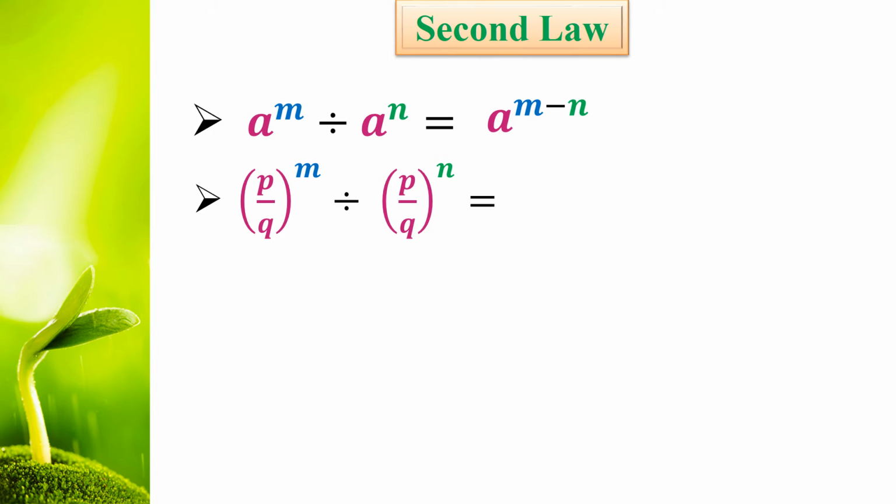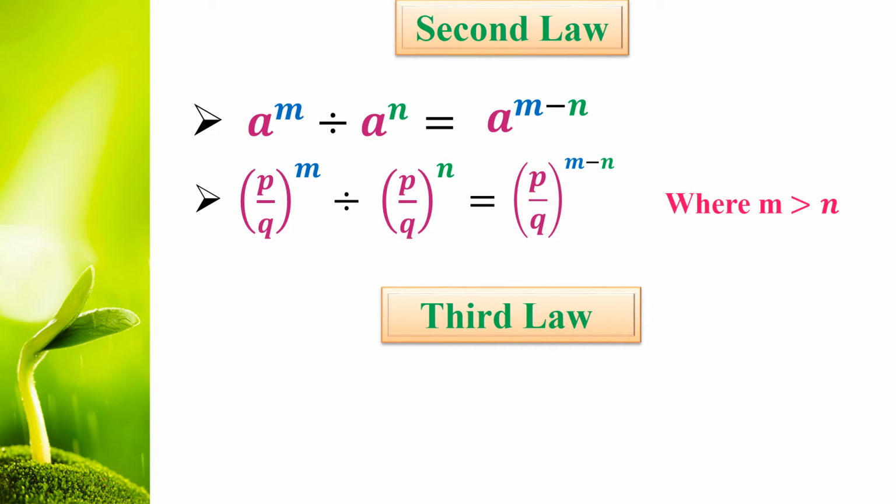Second law, a to the power m divided by a to the power n equals a to the power m minus n. If p by q is any rational number and m and n are any two positive integers, then (p by q) to the power m divided by (p by q) to the power n equals (p by q) to the power m minus n, where m is greater than n.